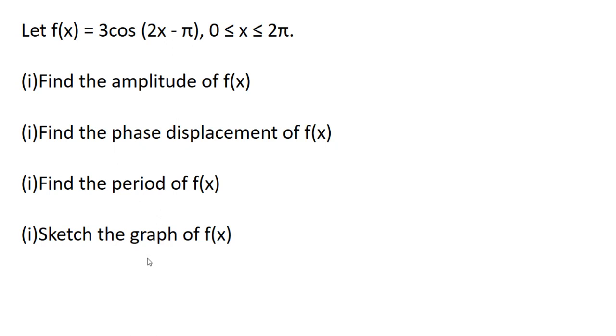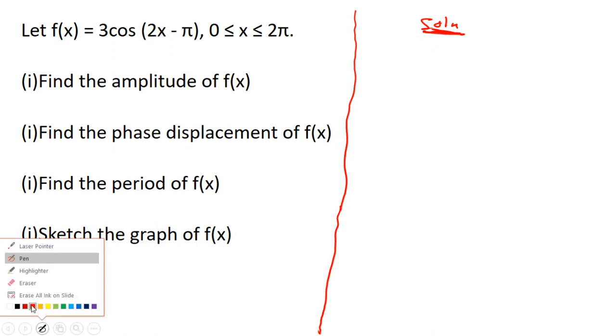Personally, how I solve these questions, I normally solve them in any order, but I'll follow according to the questions. So please guys, make sure that you follow up because this is very important. I'm going to write solutions up there and then work it out.